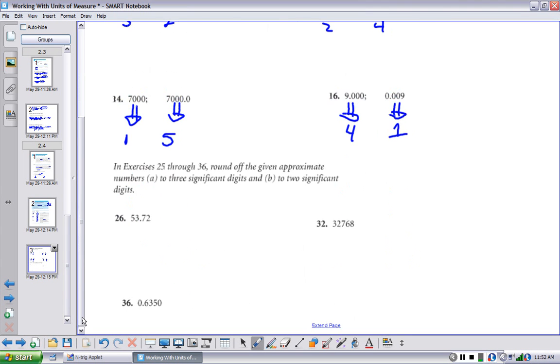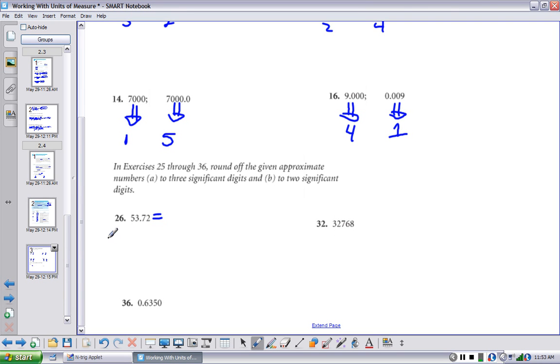All right, let's look at some other exercises. It says to round off the given approximate numbers to 3 significant digits and then to 2 significant digits. Well, when we look here, this 53.72 has 4 significant digits, and we need to make it 3 significant digits. Okay?